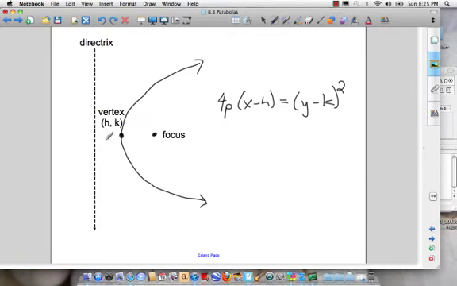Again, the vertex is (h, k), and again, p represents the distance from the vertex to the focus. If p is positive, the focus is to the right of the vertex, and the parabola will open to the right. If p happens to be negative, then the focus would actually be to the left of the vertex. You'll see an example like that shortly.